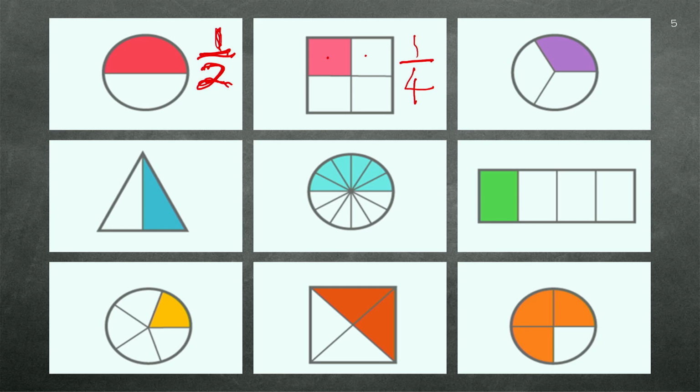Okay, here we've got a circle that's cut into 3, so there's 1 out of 3 that is colored in. On the other hand, if I ask you what portion is not colored in, what are you going to tell me? 2 out of 3. 2, the number that's not colored in, out of a possible 3.